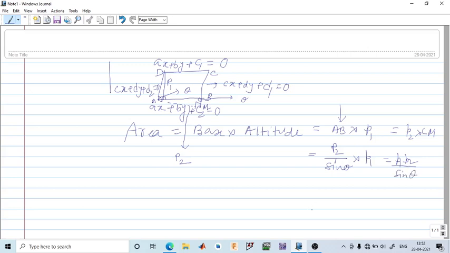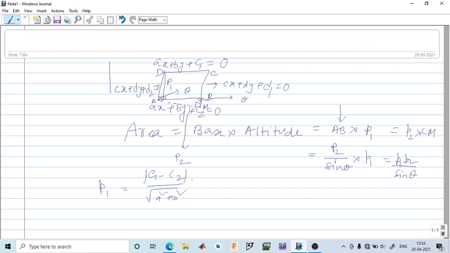Now I need to get the values of P1, P2 and sine theta. P1 is the perpendicular distance between ax plus by plus c1 equals 0 and ax plus by plus c2 equals 0. Then we can write mod of c1 minus c2 over root of a square plus b square.